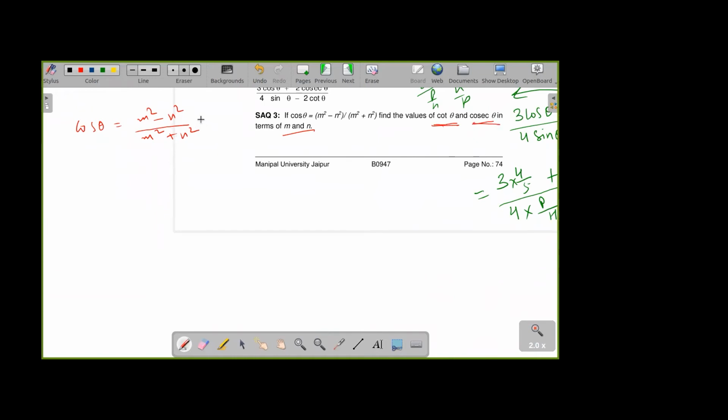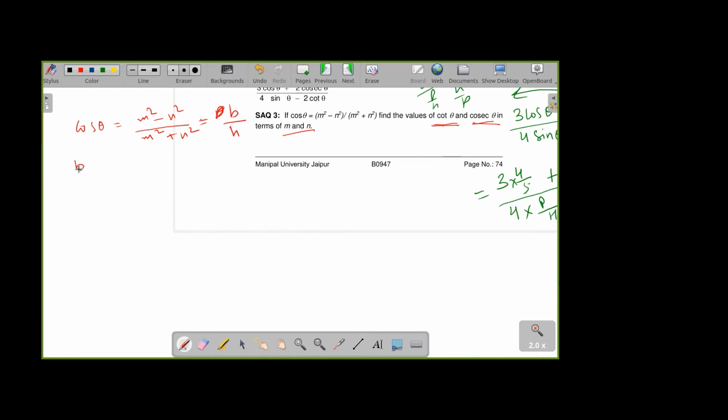Is there any shortcut? No, let's do the same traditional way. Let's assume it's b, and this will be h.